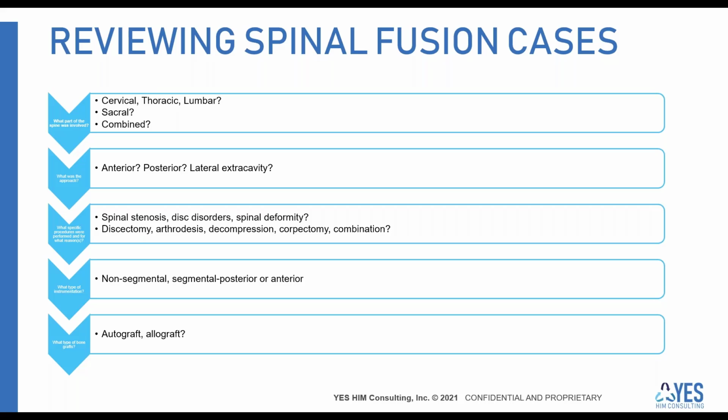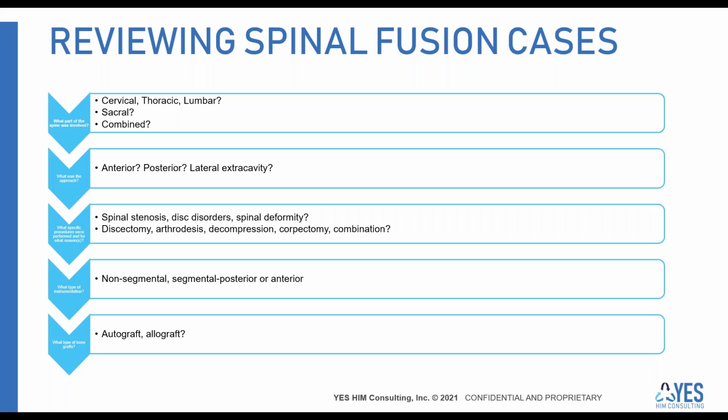So what part of the spine was involved? Was it cervical, thoracic, lumbar, sacral, some kind of combination? And then what was the approach? Was it anterior? Was it posterior? Was it lateral extracavity? And then we always want to identify the diagnosis.